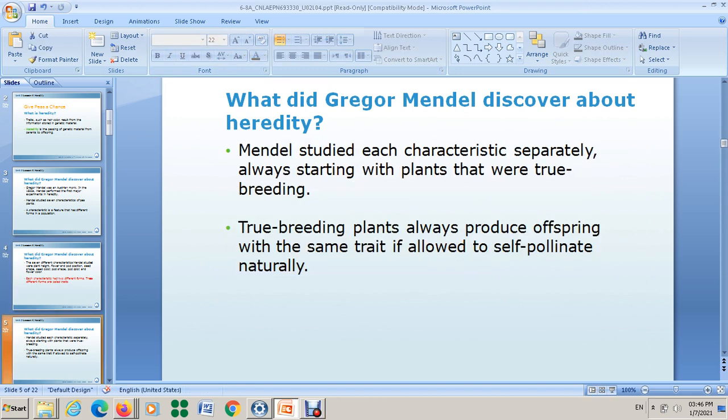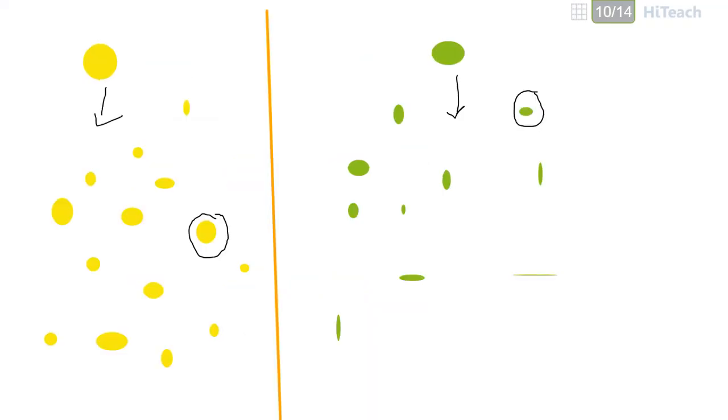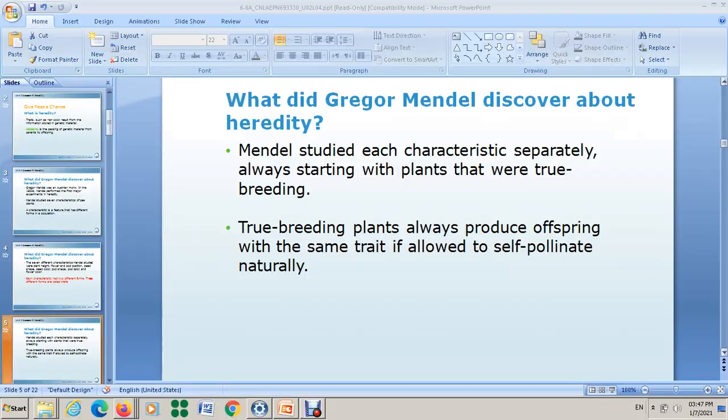Okay. Now, Mendel also studied each characteristic separately. If you remember, he studied at the beginning, for example, the plants producing yellow seeds. He let them self-pollinate until he got true breeding plants, and the same for the green plants. He always started with plants that were true breeding.